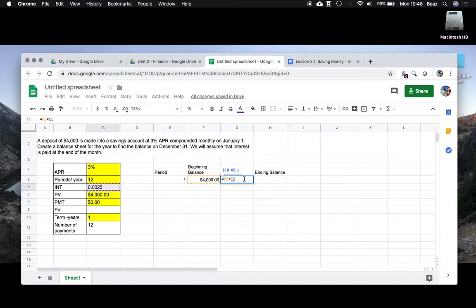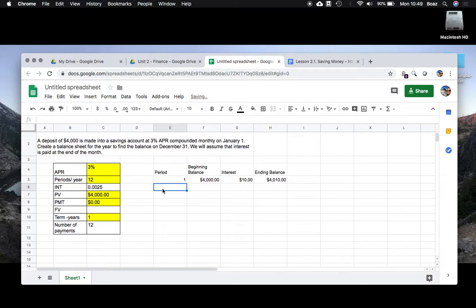On your computer, if it has the function keys on it, you can hit F4 to do that, and it cycles through. We'll talk more about those references, but for most of what we'll do, dollar sign column, dollar sign row will permanently lock in that reference to this cell here. And then the ending balance is going to equal the beginning balance plus the interest. So F5 plus G5 there.